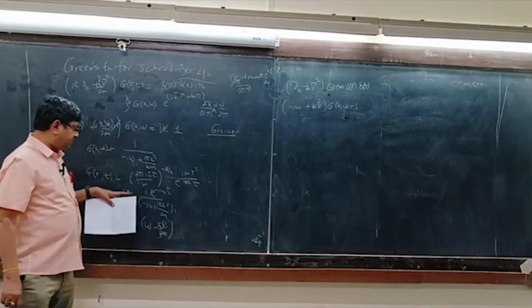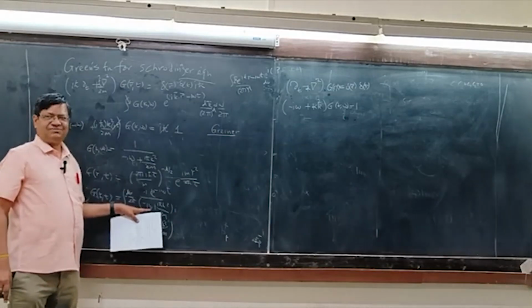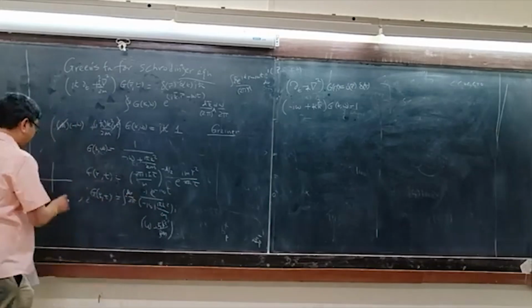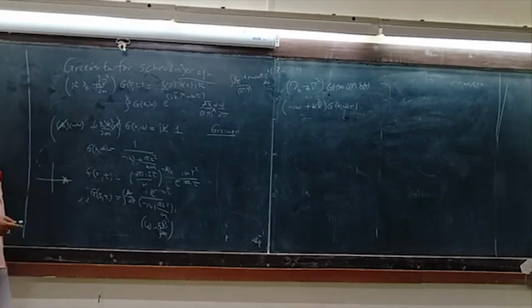I just multiply by i and want to bring it to the same form. My variable is omega, so I should have omega there. So my pole is sitting here, on the same line as the line of integration.